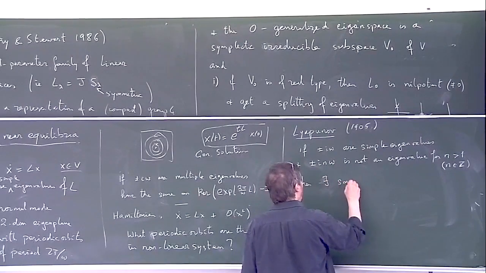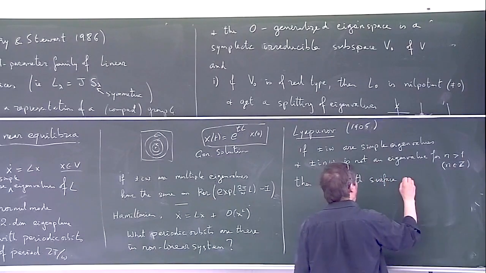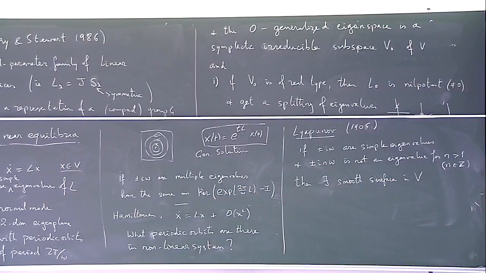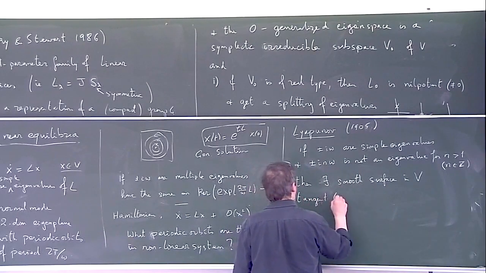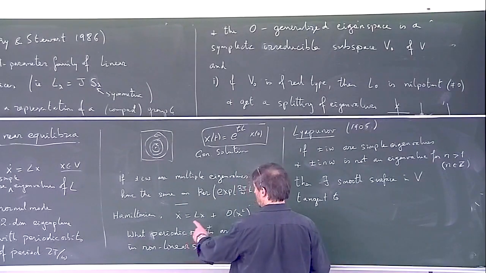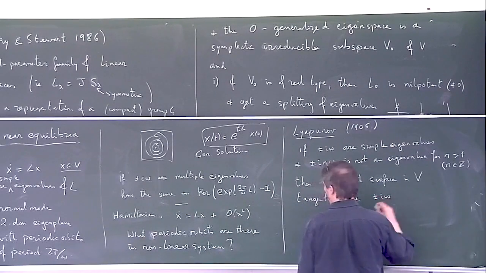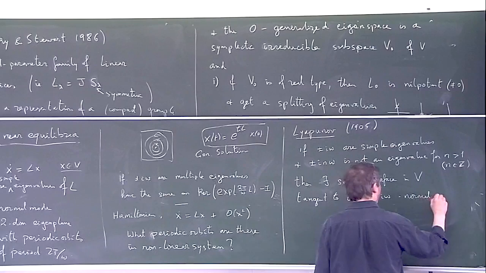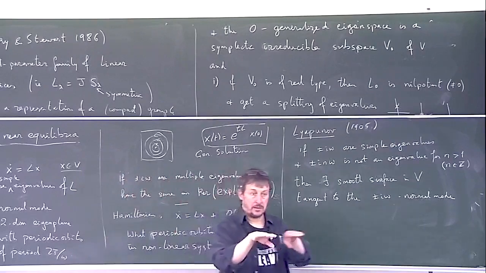there exists a smooth surface in V, where the Hamiltonian system is tangent to the normal mode. The normal mode is this eigenplane, so it's a linear subspace.